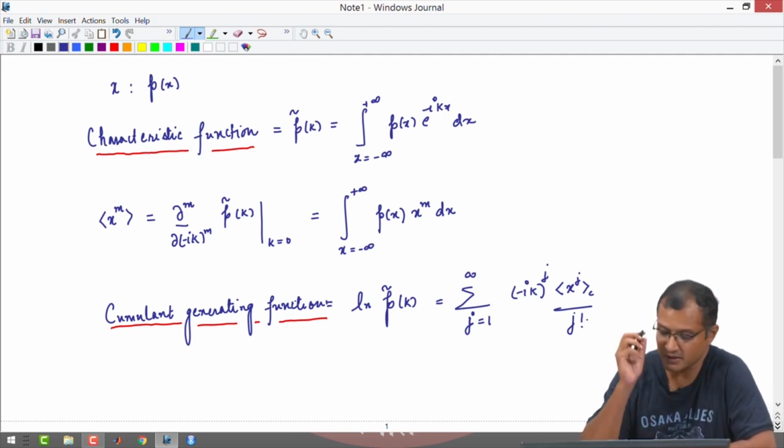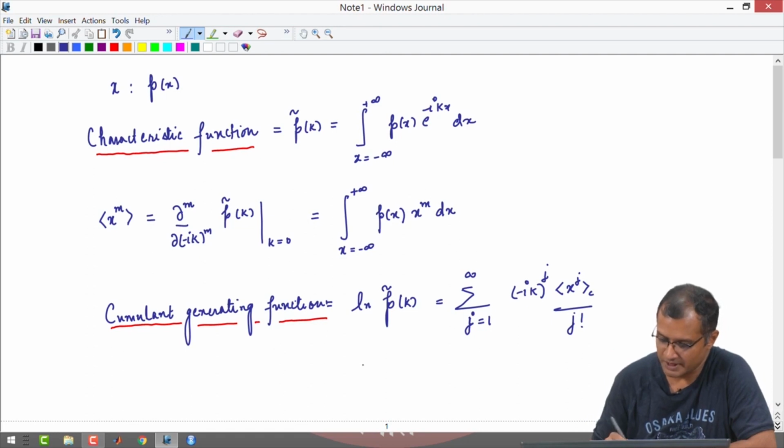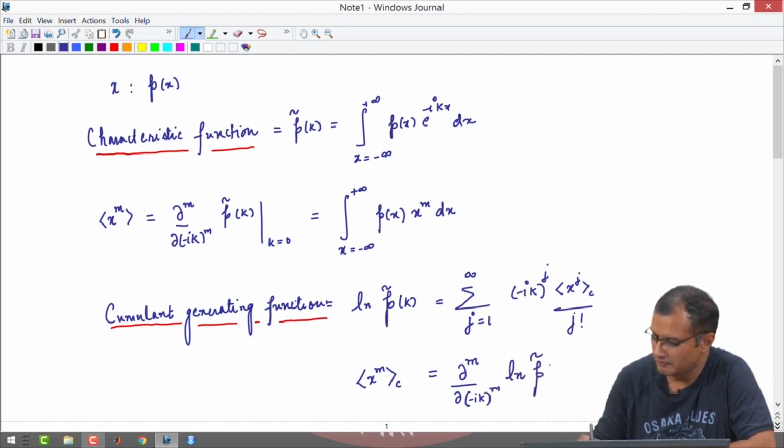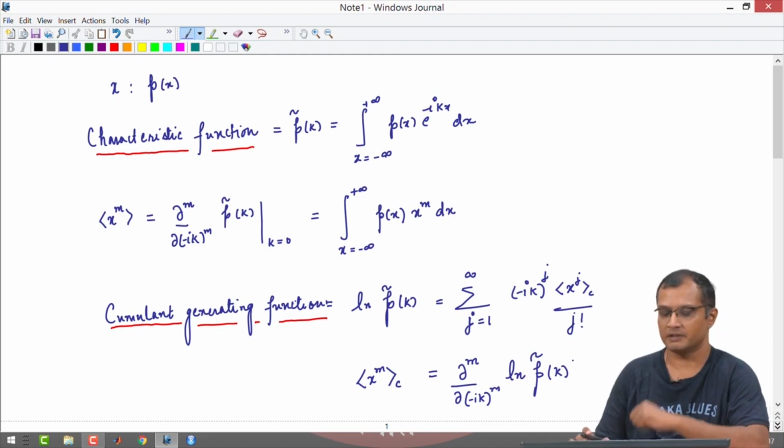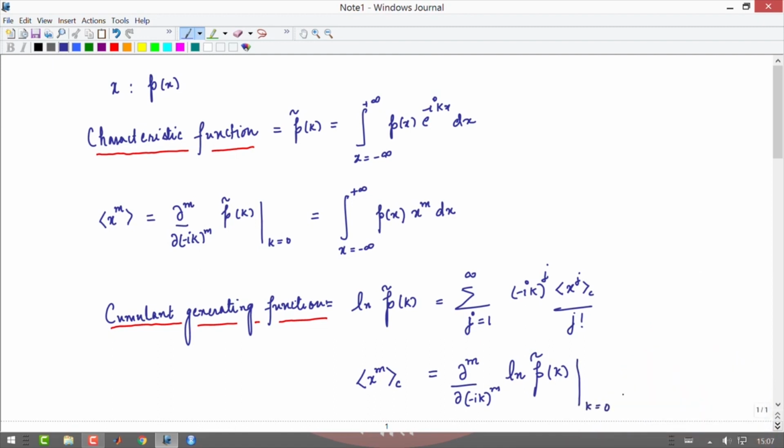If you look at this expansion, it is straightforward to see that any mth cumulant can be extracted by simply taking the mth order derivative of the cumulant generating function. So, if you take the mth order derivative of the cumulant generating function at k equal to 0, this will give you the mth cumulant, which is nothing but extracting the coefficients of the mth cumulant from the series expansion.